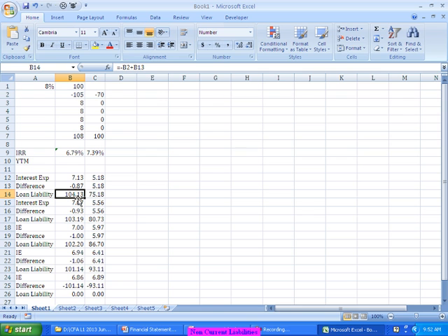So what we are saying is, the entries, interest as well as the maturity value, face value, or the loan liability on the balance sheet, they keep changing year over year.